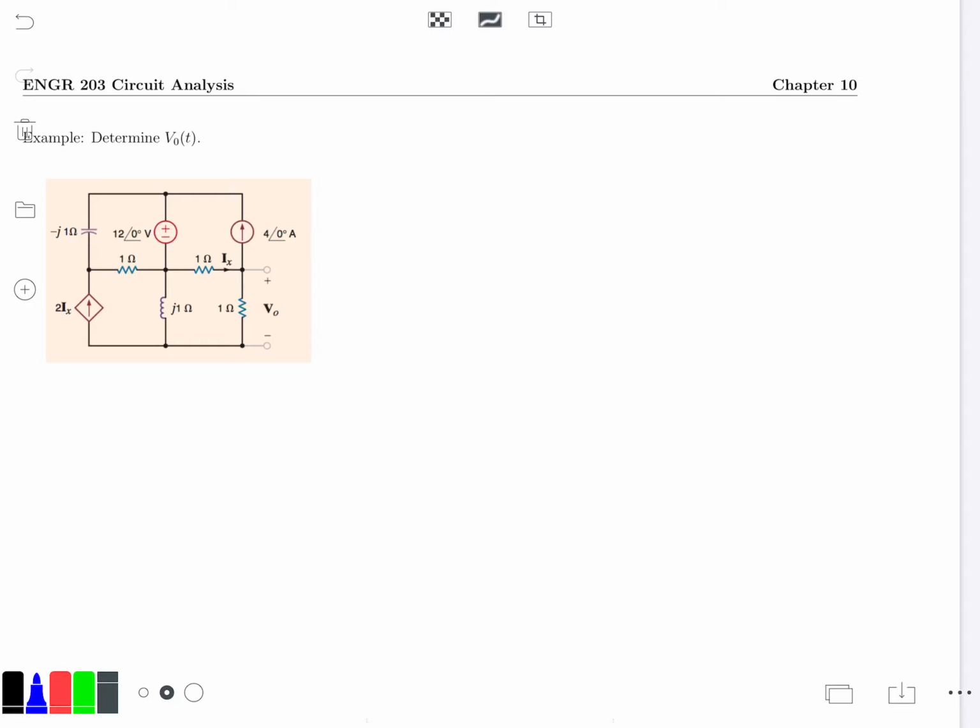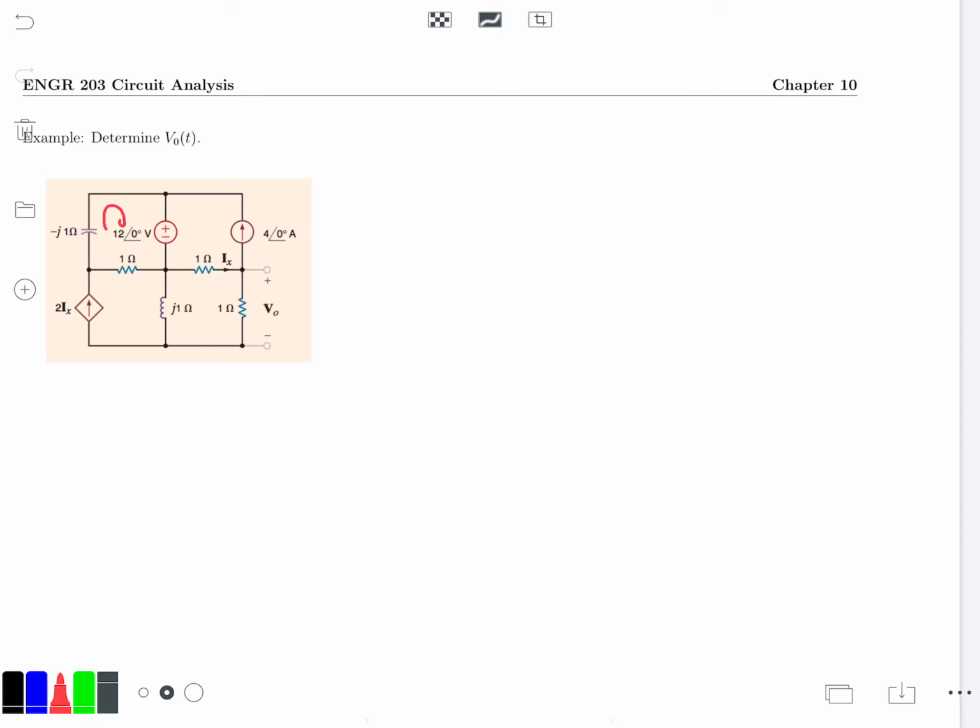Thevenin, I would not do Thevenin at all because we've got the dependent source there, and as we know, that makes our life much more difficult. We could do node voltage, but there are quite a few nodes here. I think that would be harder than we'd like. So I think the best choice here is going to be mesh current.